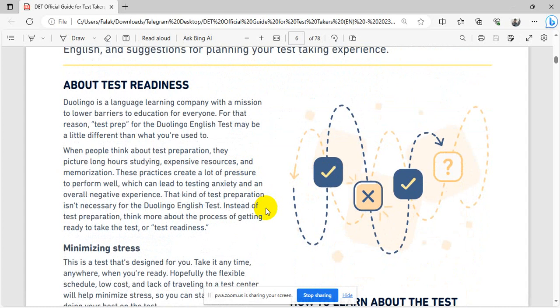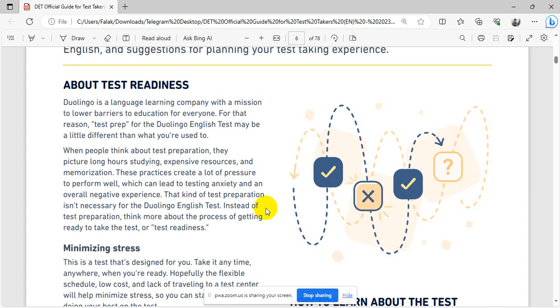Okay, so about test readiness, it says Duolingo is a language learning company with a mission to lower barriers to education for everyone. For that reason, test prep for the Duolingo English test may be a little different than what you're used to. When people think about test preparation, they picture long hours of studying, expensive resources, and memorization.